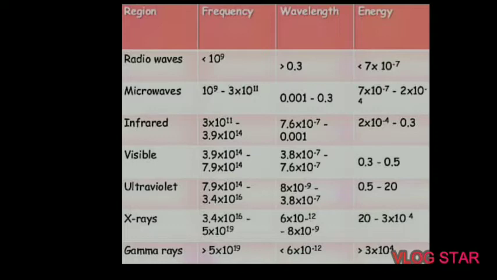For microwaves, the frequency increases from 10^9 to 10^11, and it keeps increasing for infrared, visible, ultraviolet, X-rays, and lastly gamma rays.